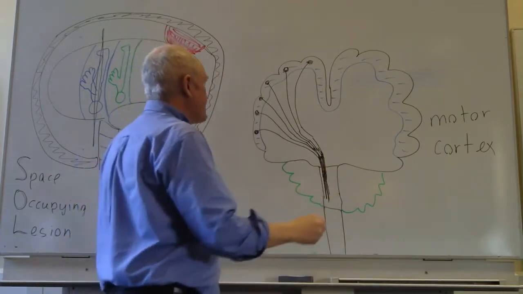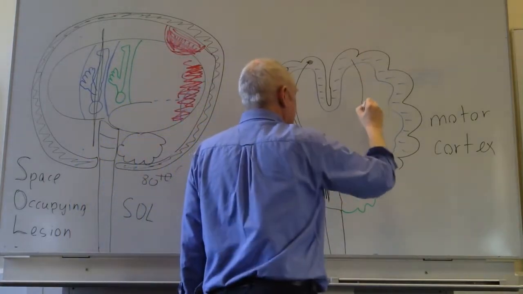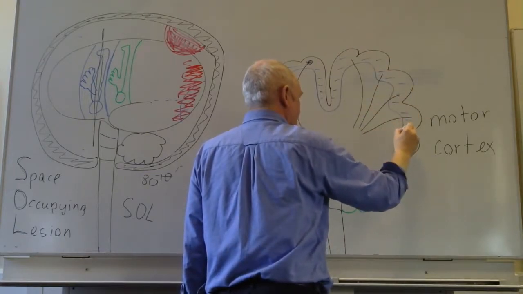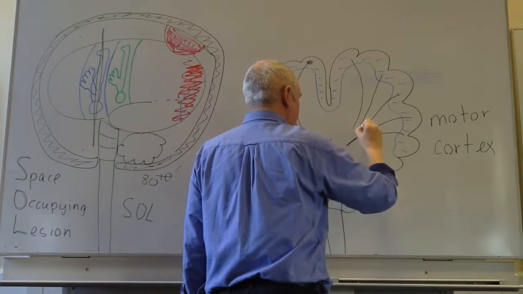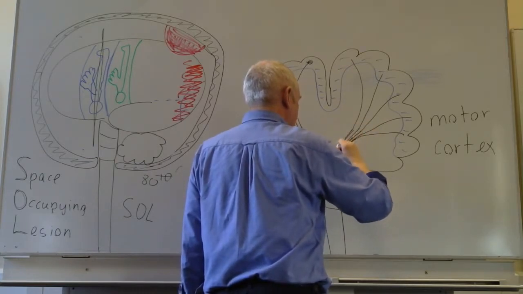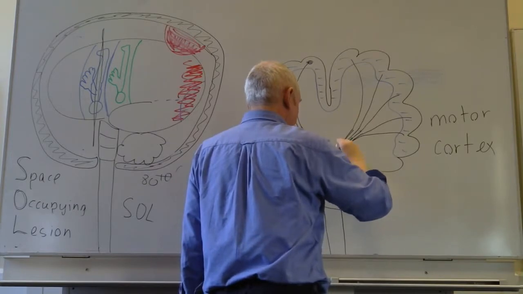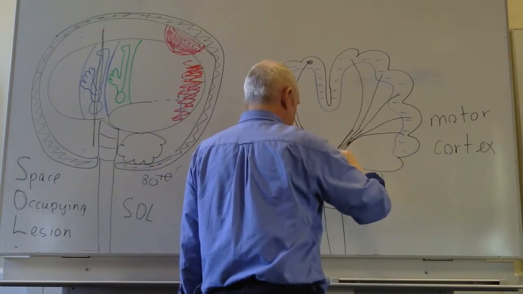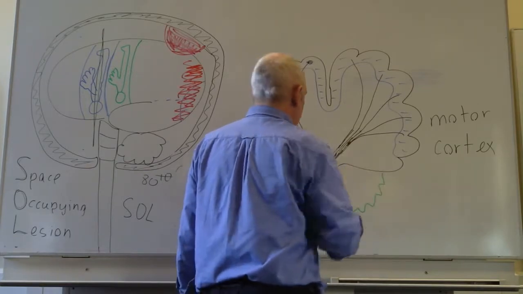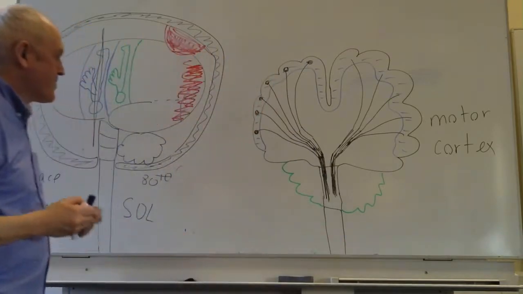And the same happens on this side. Goes down through the brain and then down the front. Big bundle of motor nerves goes down the front of the brain stem.